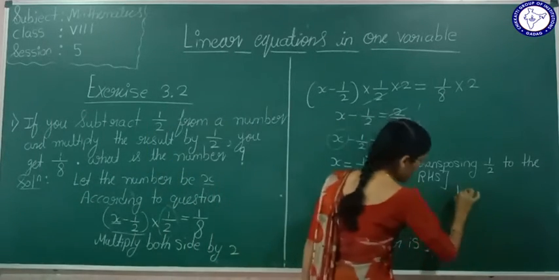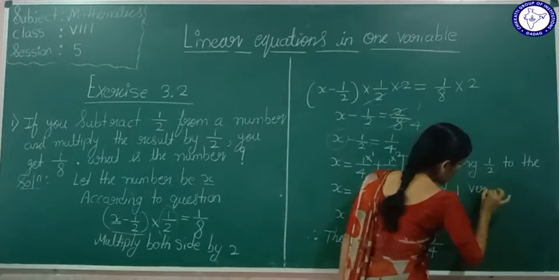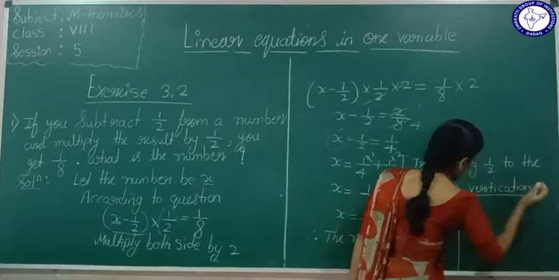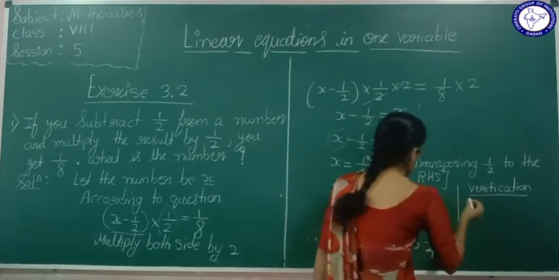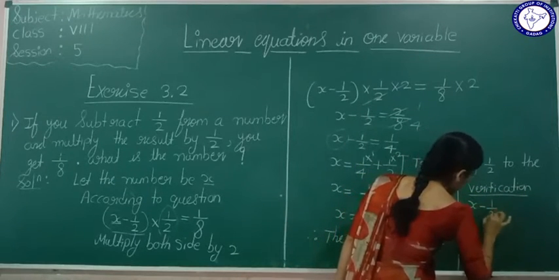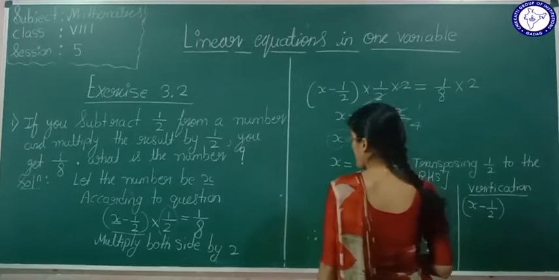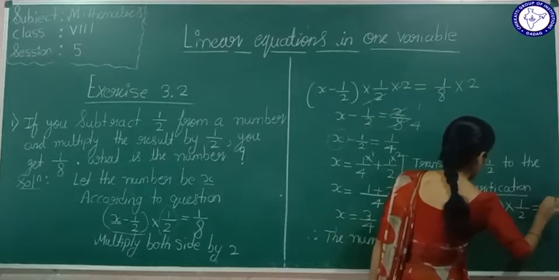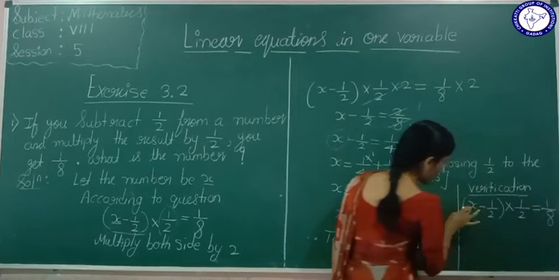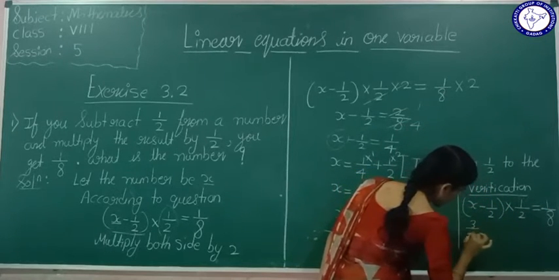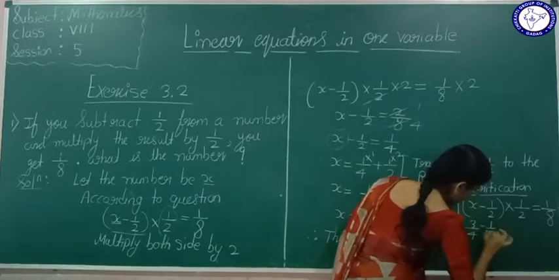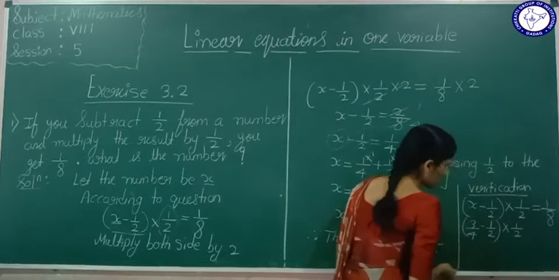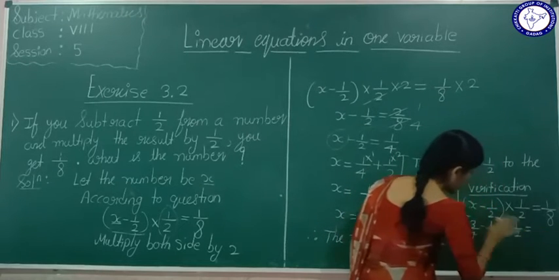Verification: (x − 1/2) multiplied by 1/2, and we want the answer 1/8. Taking x as 3/4, it is (3/4 − 1/2) multiplied by 1/2. Now we simplify this part.